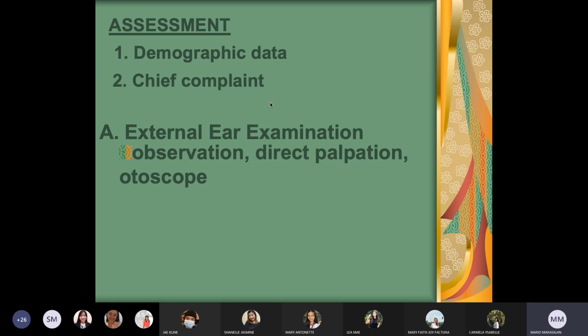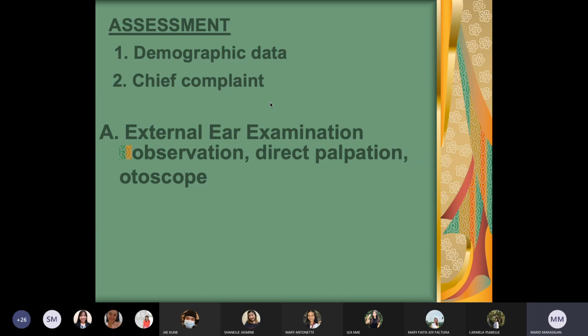The cerumen, it is a normal discharge, but hard and impacted cerumen can cause obstruction and middle ear problems, like for example, conductive hearing loss. No? So manipulation of the auricle does not normally elicit pain.